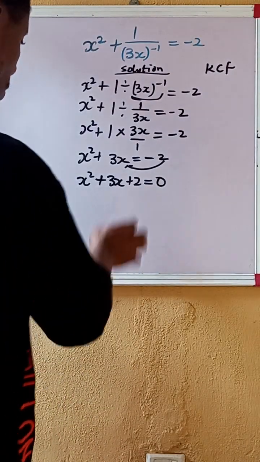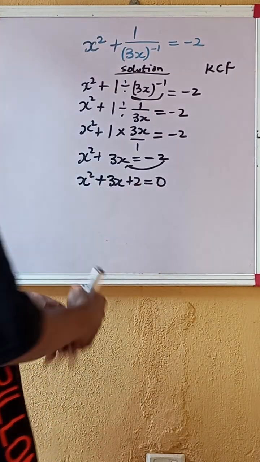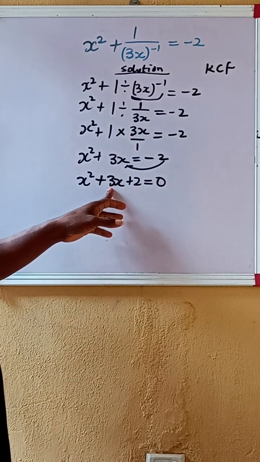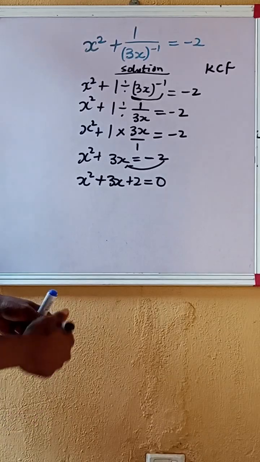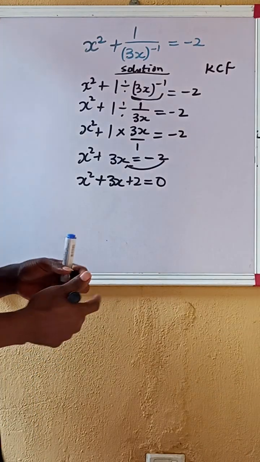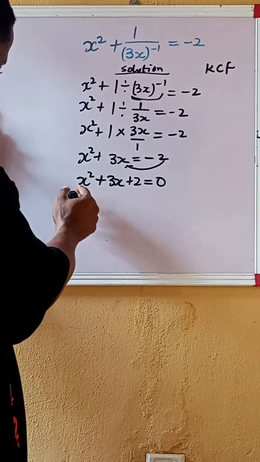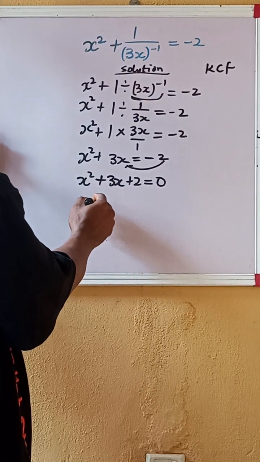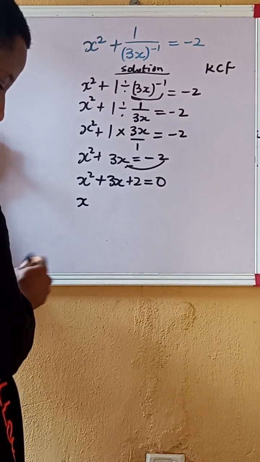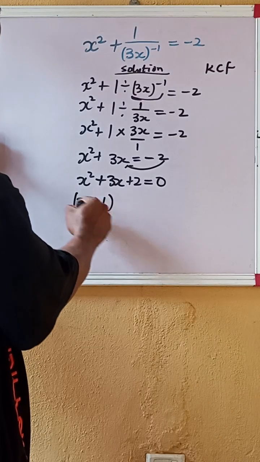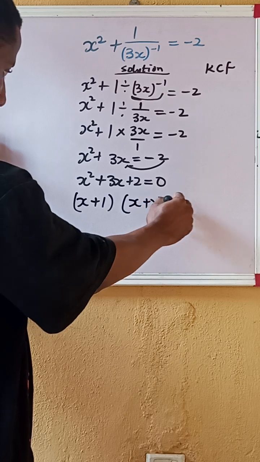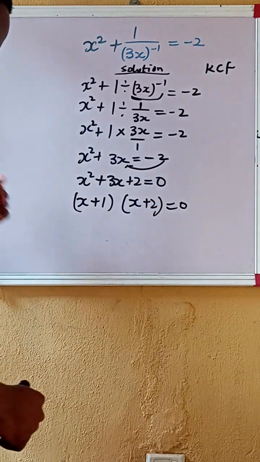All right. So what are the factors that you can add? You can multiply to get 2, and when you add them together, you are going to get plus 3. So it is 2 and 1. With that said, our answer will now be x plus 1, then x plus 2, which equals 0.